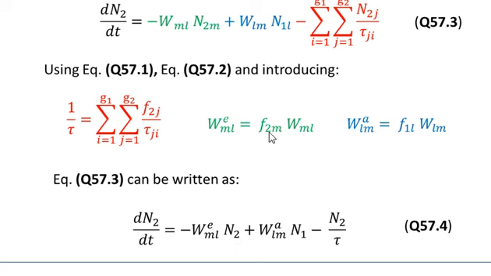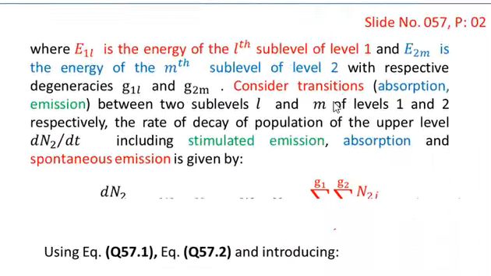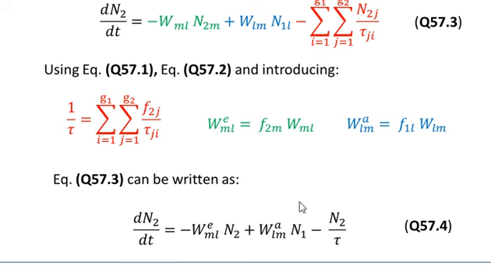Because we have used the definition of N2M over there, N2M is replaced by its right hand side. So instead of J we can write M: N2M is equal to F2M into N2. So we have replaced this quantity over here. And you know that F2M has been absorbed in the definition of WML, so WML multiplied by F2M has been written as WMLE.